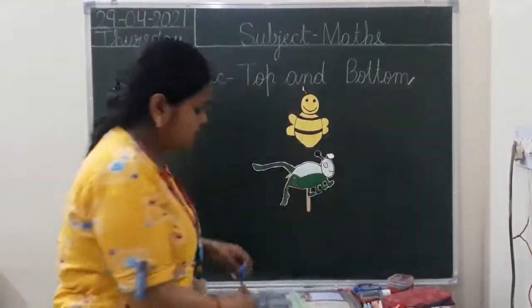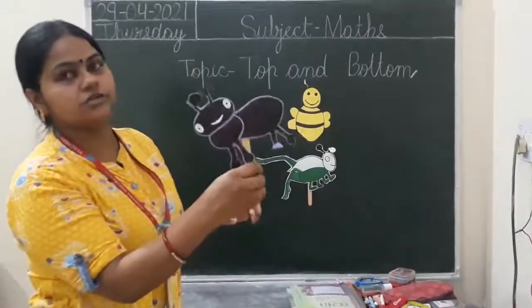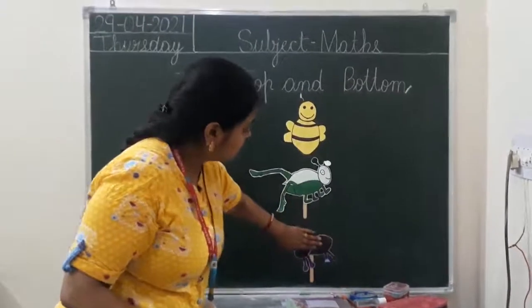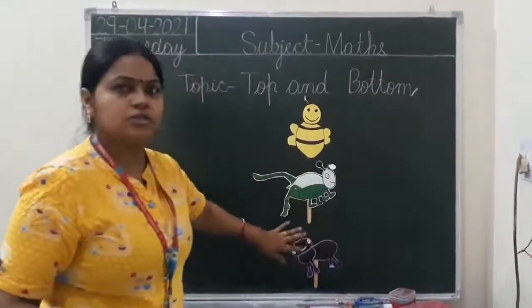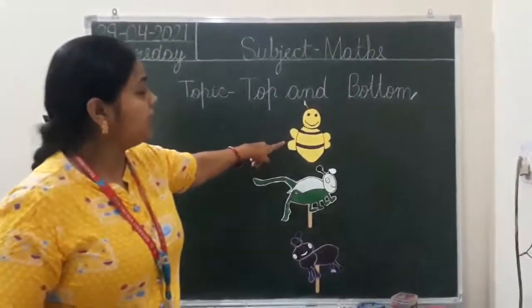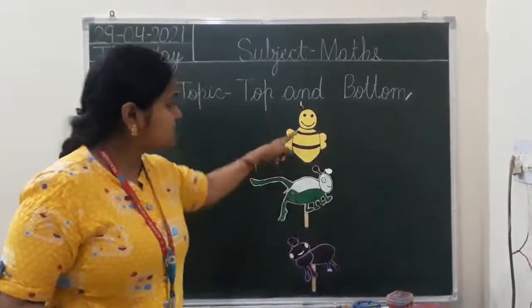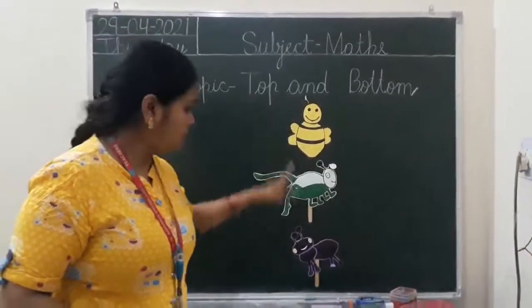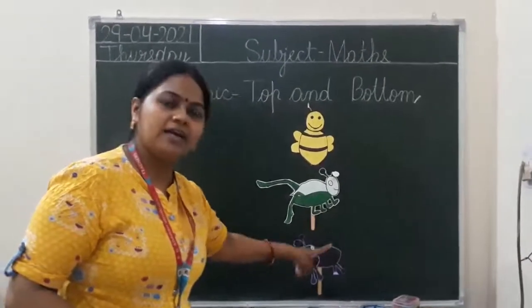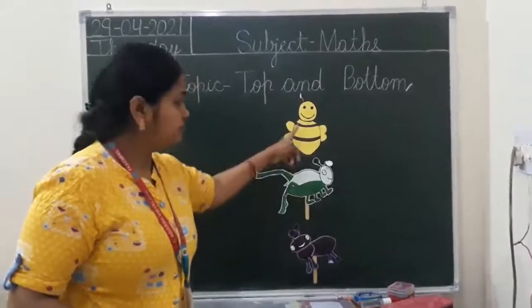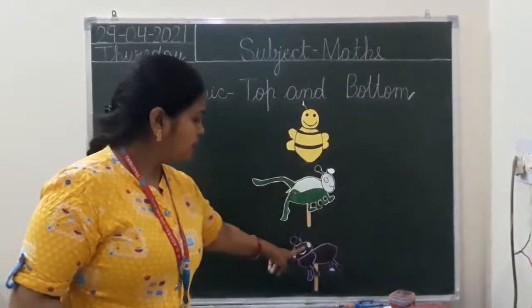And the third one is ant. Now, among these pictures we can see honeybee is on the top. They all are insects. Honeybee is on the top and ant at the bottom. Top, bottom. All of you say top, bottom.